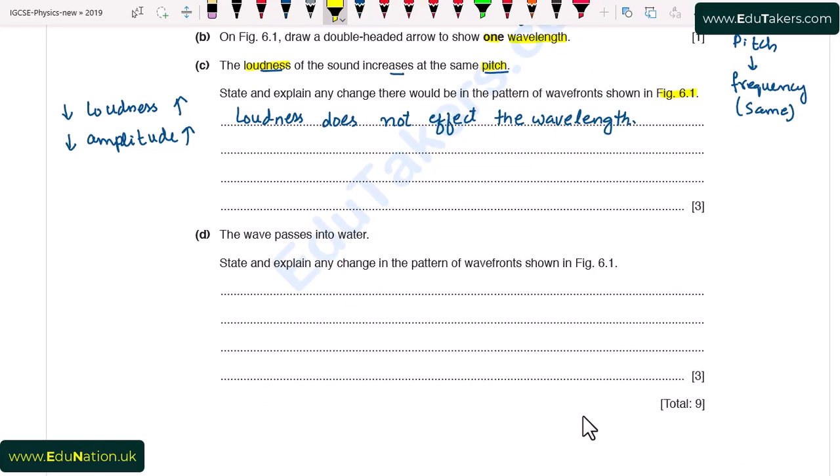As loudness increases, the amplitude also increases.